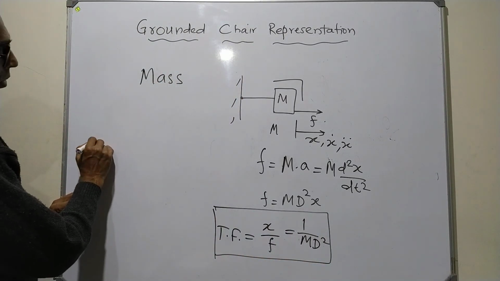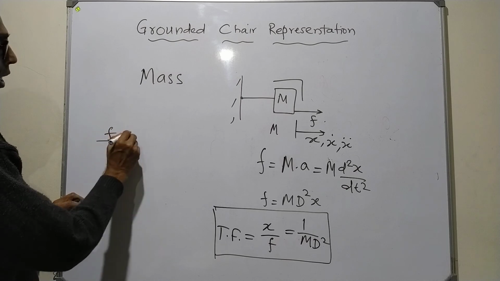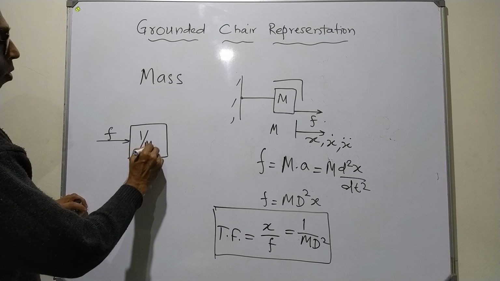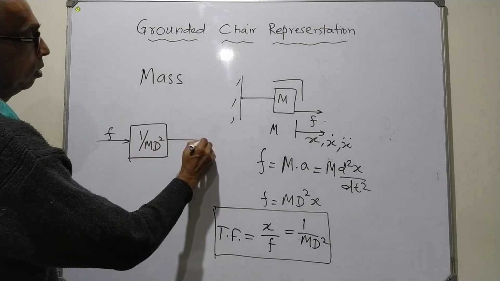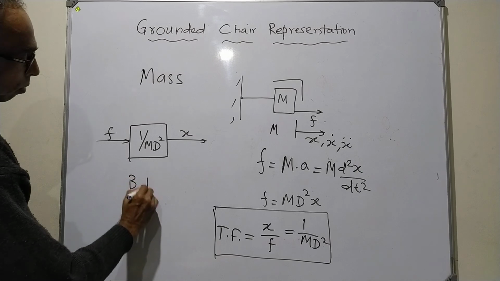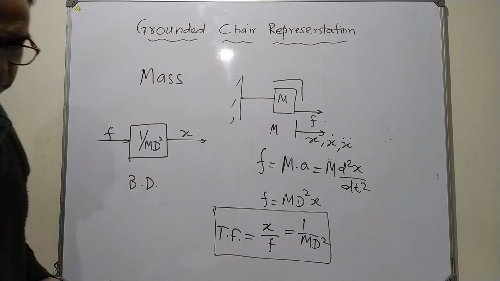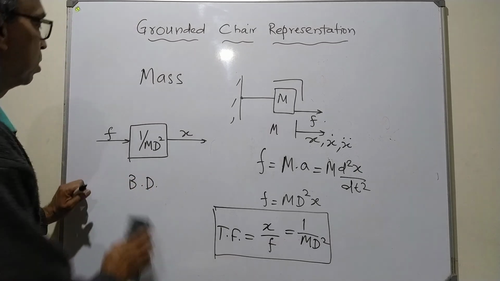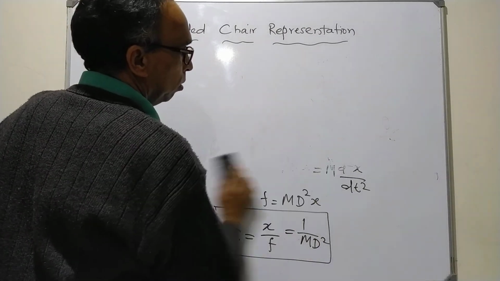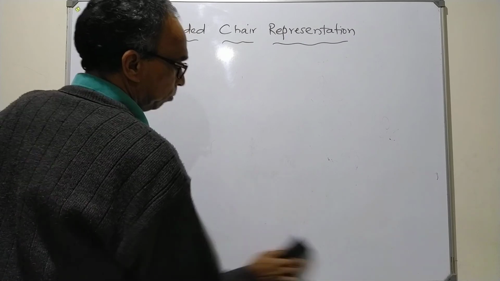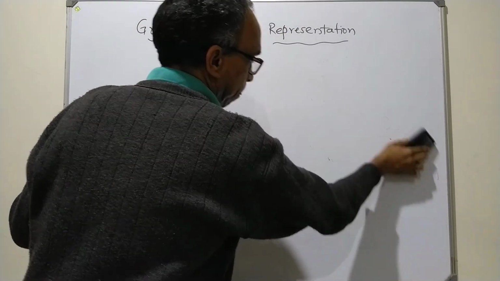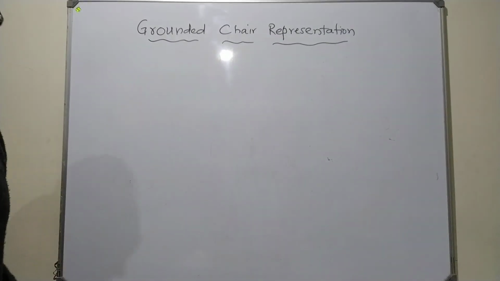And the block diagram representation was, input is F into 1 upon mD squared gives me X. This was the block diagram representation for this mass. So these were the three basic elements we have used for writing the equation of operation and finding your transfer function and having block diagram representation.